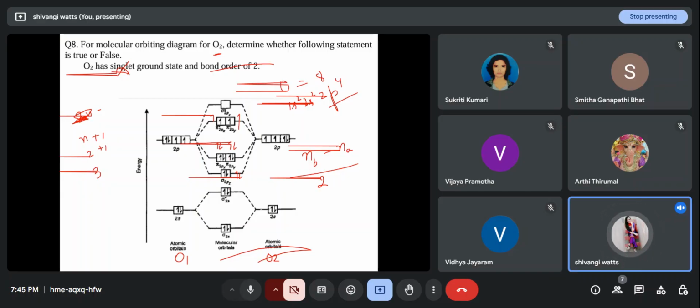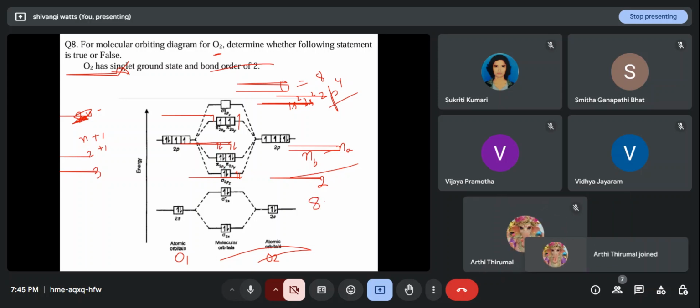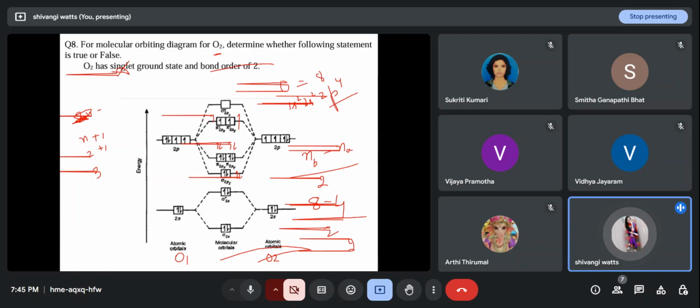But these are antibonding, this is antibonding, this is also antibonding. So bonding is 1, 2, 3, 4, 5, 6, 7, 8. So the number of electrons present in bonding orbitals is 8 minus antibonding is 1, 2, 3 and 4. So 8 minus 4 divided by 2. So 4 by 2 is 2. So the bond order is 2.